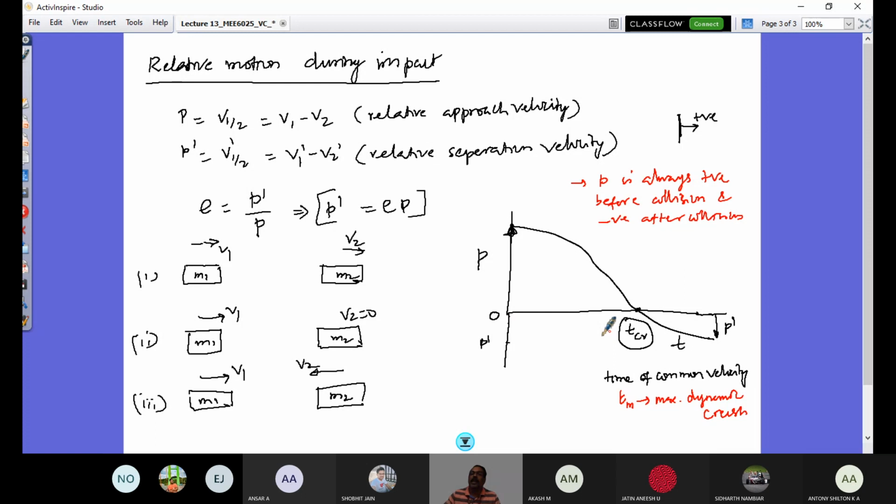At that time, you see the relative velocity is 0, right? And after that it becomes negative. That means it's the separation velocity. The separation velocity here is V1 dash minus V2 dash, and that happens to be negative always. So it is obvious that V2 dash is greater than V1 dash in every case, right? So P dash is always negative.